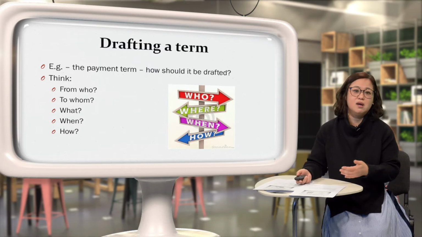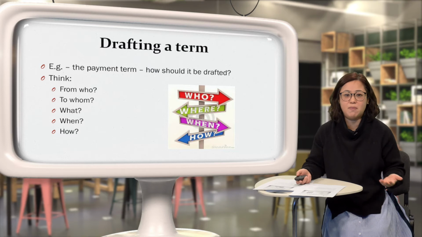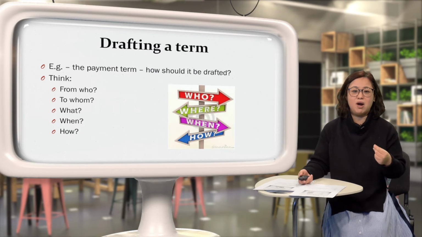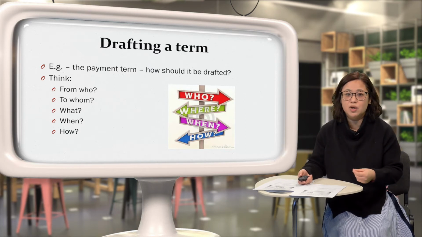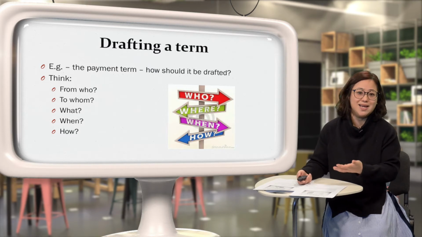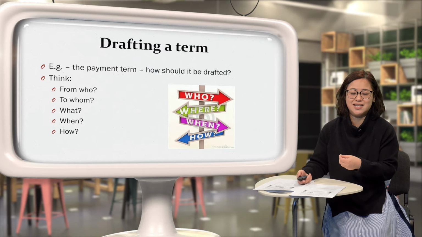Of course, if you're going to the stationery store to buy this pen, you won't draft this contract, but we're thinking about a bigger scale. If you're buying in bulk, if the price is millions of dollars, for example, you will have to think about how this payment is made. If your buyer is international, it's an international contract, for example, your buyer or seller is not in Hong Kong, how are you going to make the payment?